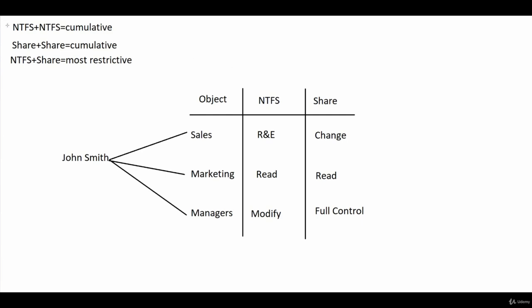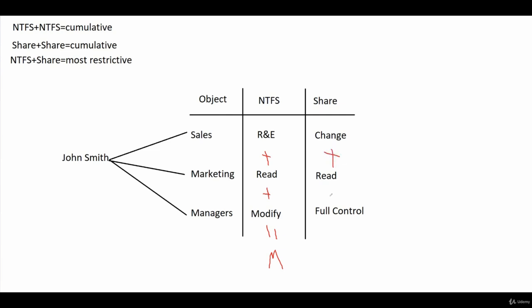Go down my little chart. Start with this column and add them up. Then add these up and then add them together. Okay? So think about it. Let's do that. Read and execute plus read plus modify, the effective permission, because it's cumulative, is going to be modify, right? Now do this column.